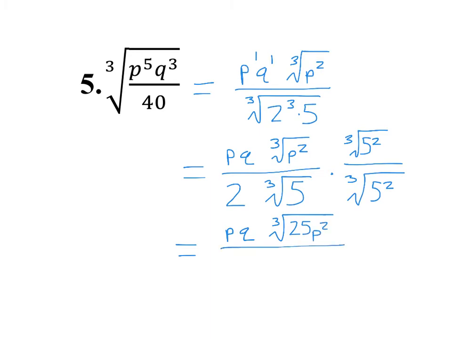In the denominator, we have 2 times 5. So what's 2 times 5? 2 times 5 is 10. We're able to turn those radicals into just 5 because there's exactly 3 5s underneath the cube root.